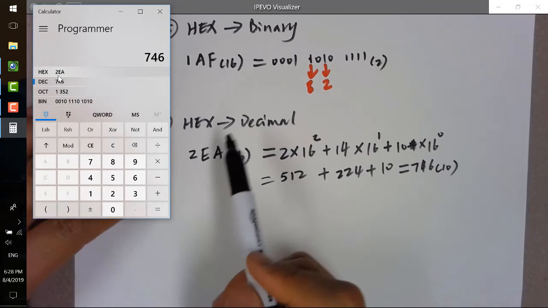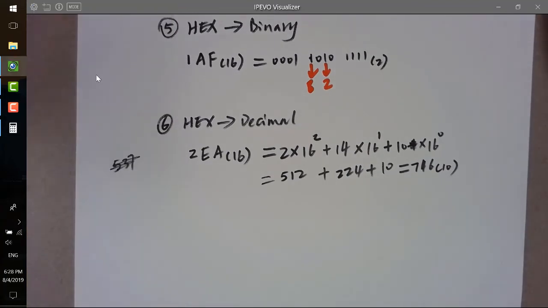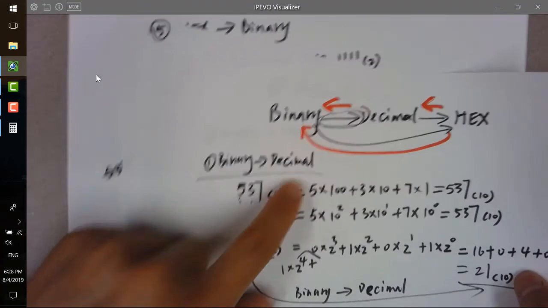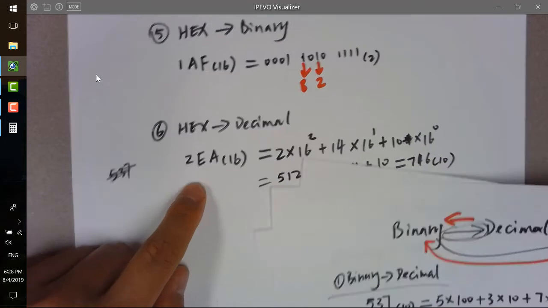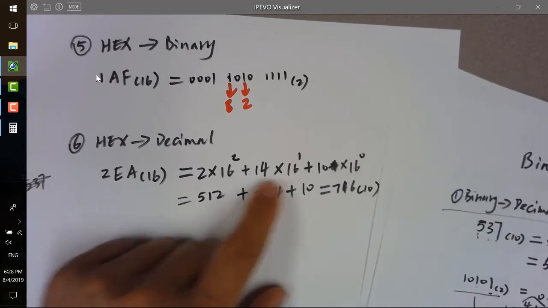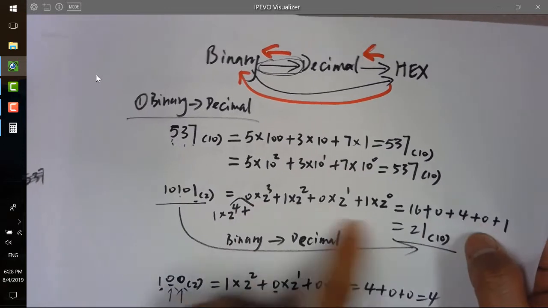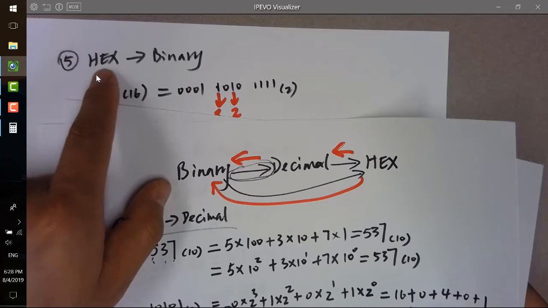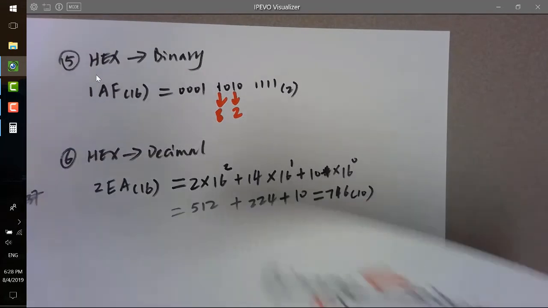Before we go further, let's take a look at this. Whether we convert binary to decimal, or hex to decimal, we're using the same strategy, okay? We use this times this, plus this times this, plus this times this, and so on and so forth. So this is how you convert a binary or a hex number into decimal, okay?